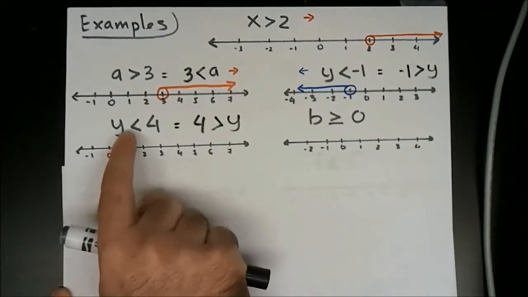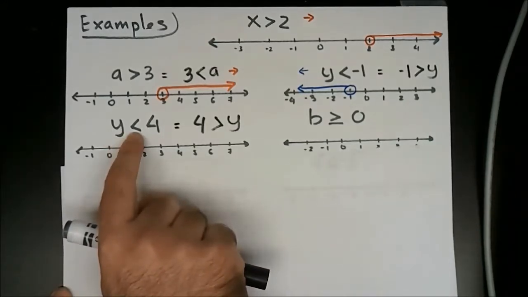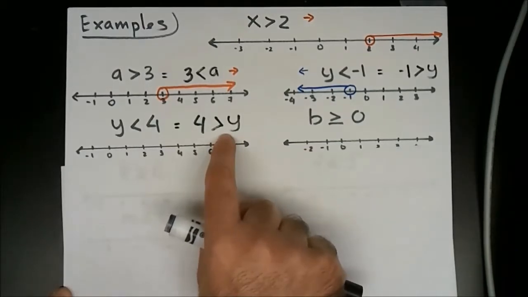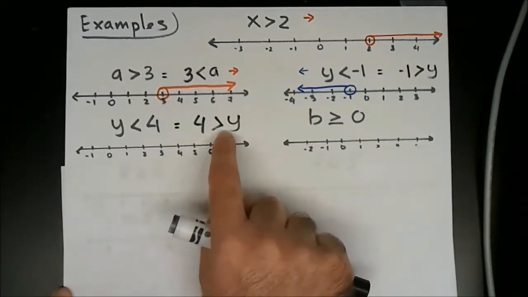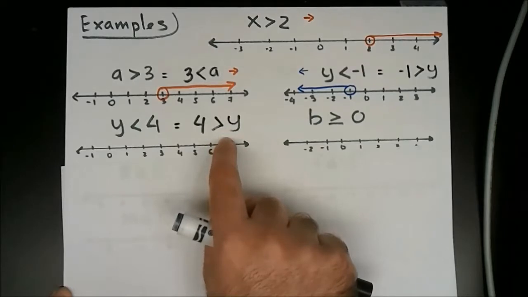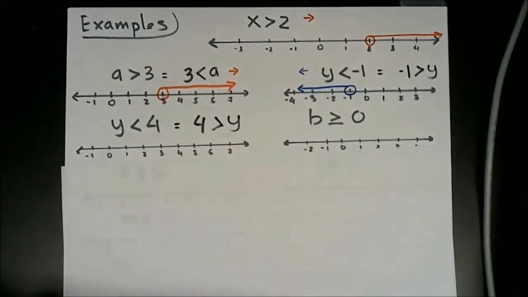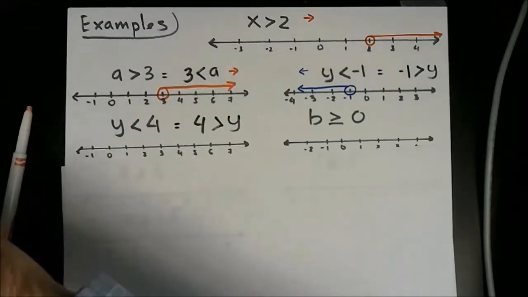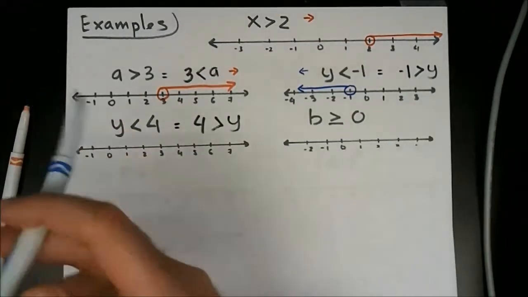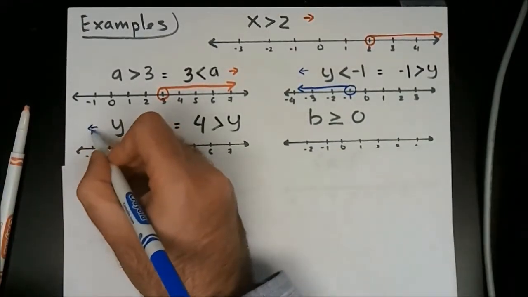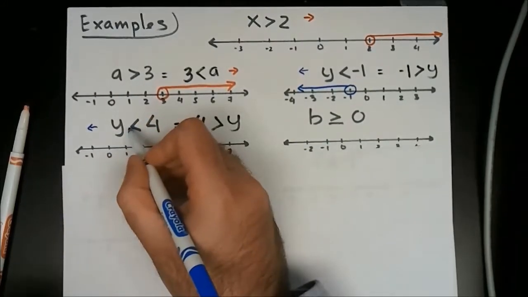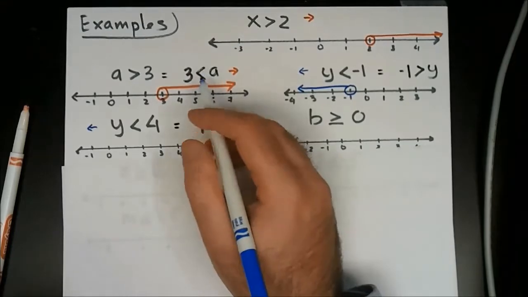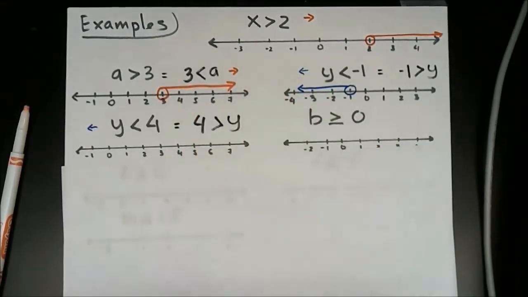In this case, the variable is next to the pointy or the small end of the alligator symbol. When that's the case, we're moving in which direction? Hopefully someone said left. Sharp end, small end, left. Big end, or the blunt end, right.